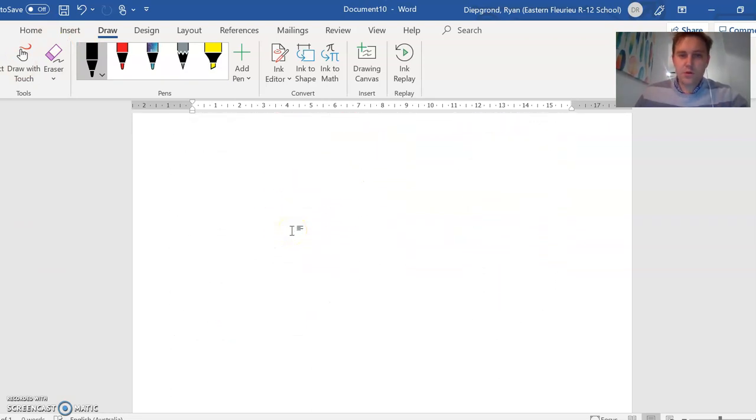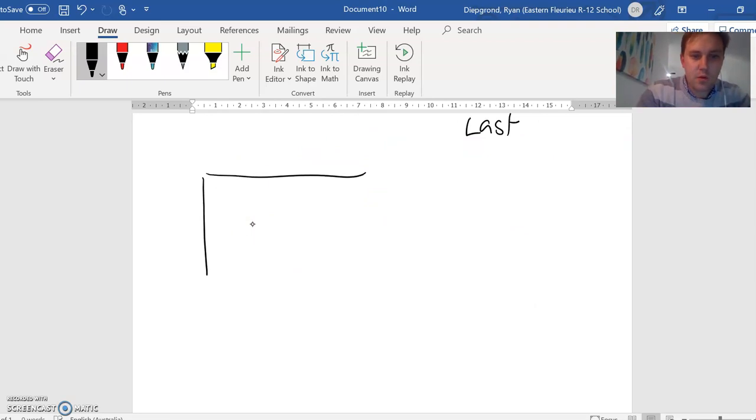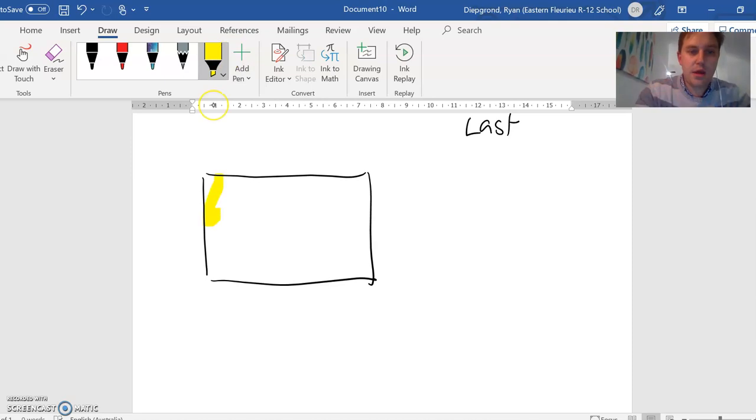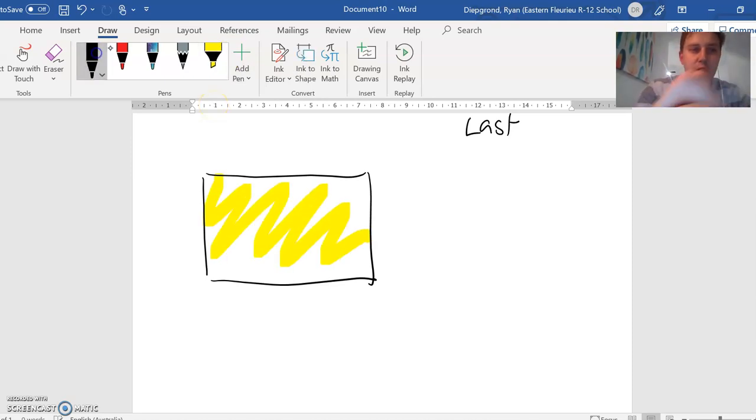If we scroll down, like we did in the last video, we've got our little box, our array. I'm going to work out the area of the whole thing, and we know that the area of a rectangle is length times width.